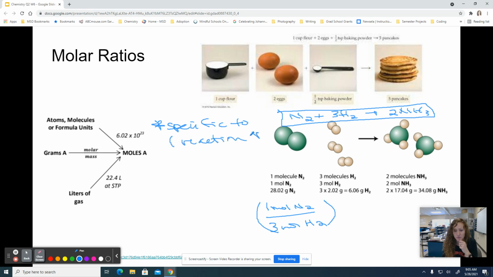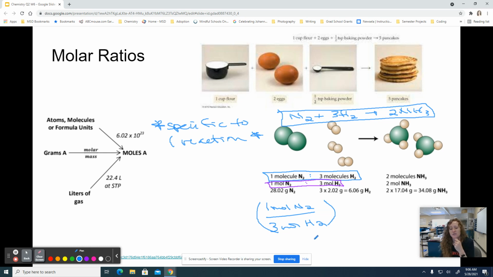If you change the reaction, you're going to change your conversion factors also. Notice you can have a relationship of molecules to molecules. You can have a relationship of moles to moles, right? If I have 1 molecule to 3 molecules, I'm going to have 1 mole to 3 moles. So you can communicate this relationship or these conversion factors in molecules or moles.